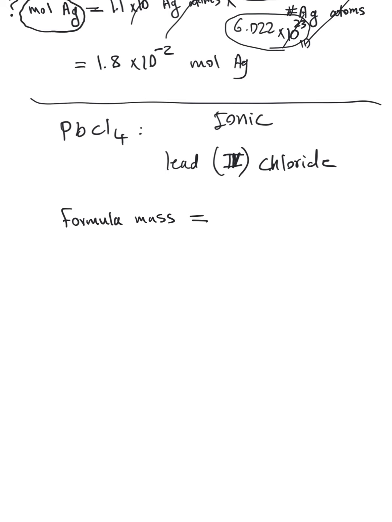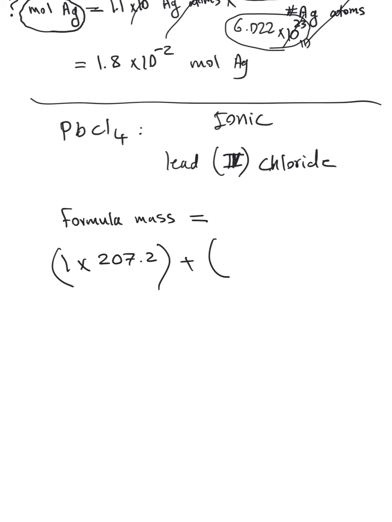So how many Pb atoms do we have? Yes, 1 multiplied by, and again, I emphasize, you go to your periodic table. Here you find lead, and you find that the atomic mass unit is 207.2, plus.